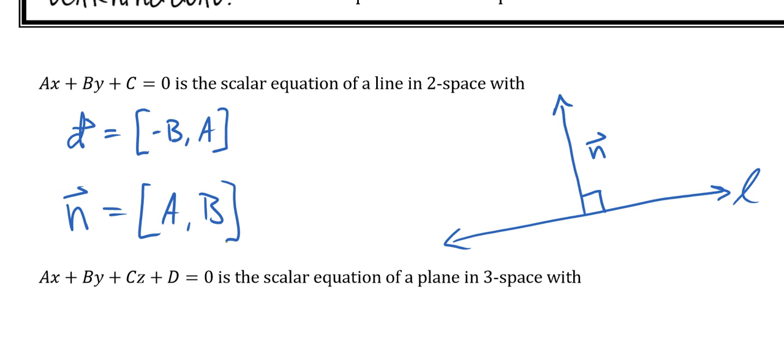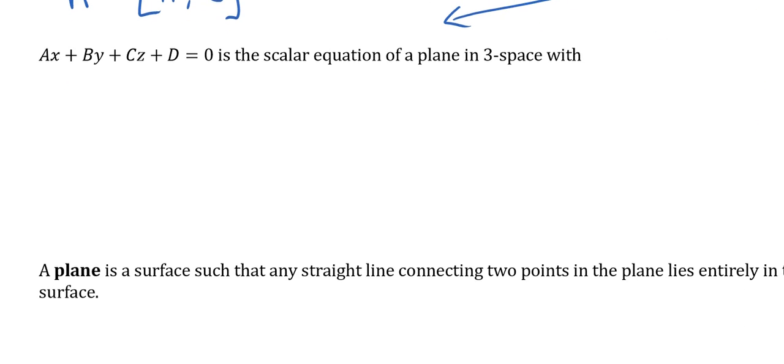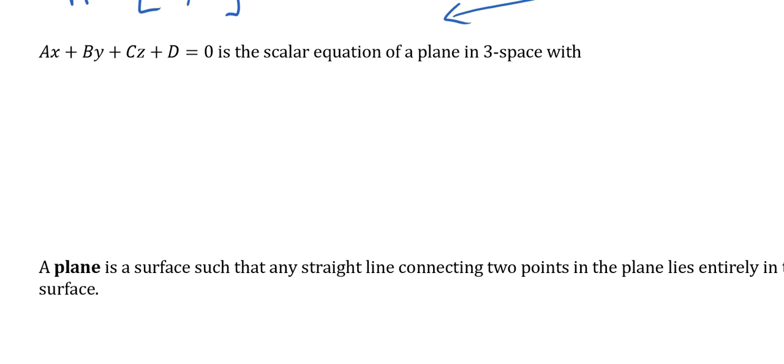If we've expressed an equation in scalar form, we can get its normal just by taking the coefficients of the x and the y.